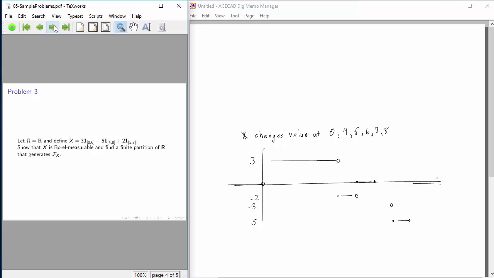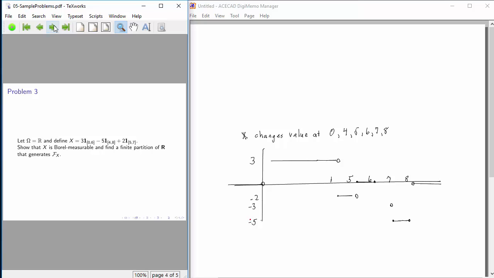And as soon as the number is greater than 8, my payoff has gone to 0. So you now see that this capital X is a simple random variable, takes on only 5 different values.